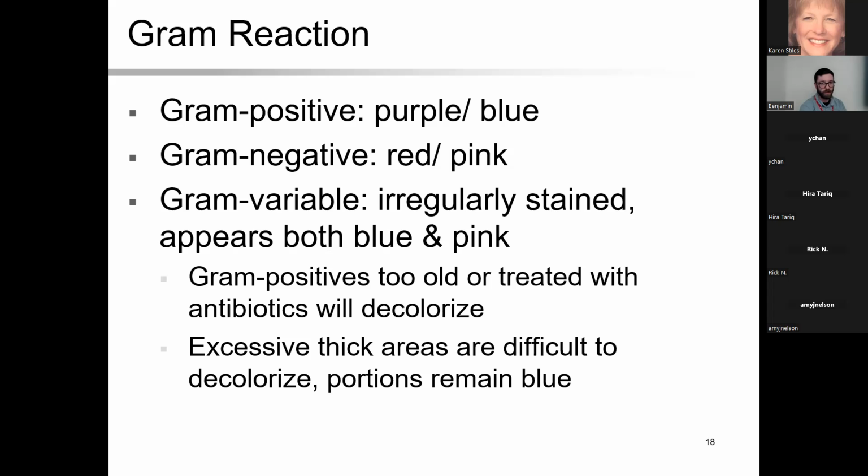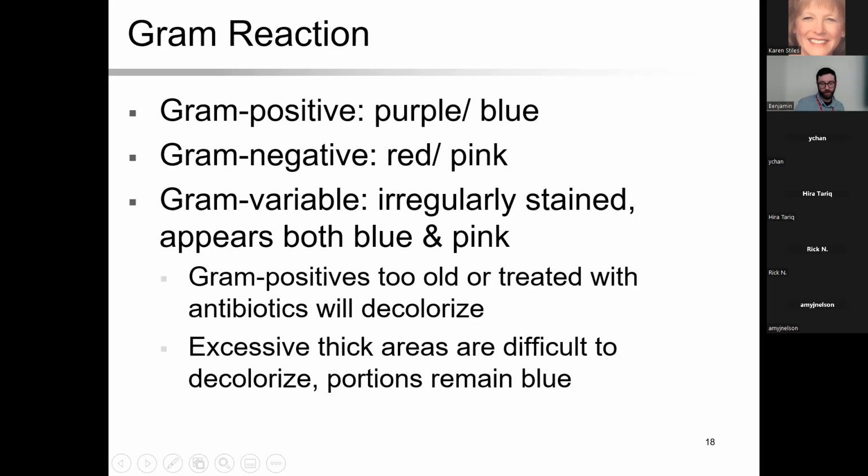There are different bacteria out there that will stain irregularly, and you'll get some colonies that look pink and some that look blue. You'll notice, if you're working up a culture from patients who are currently being treated with antibiotics, the colonies on the plate might look weird, and these have a tendency to decolorize easily.